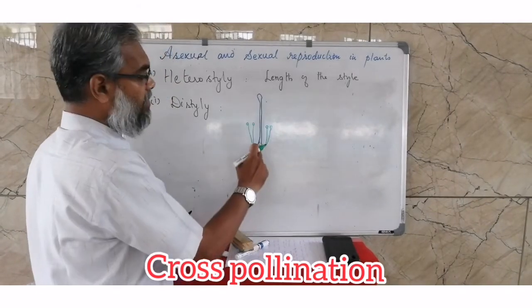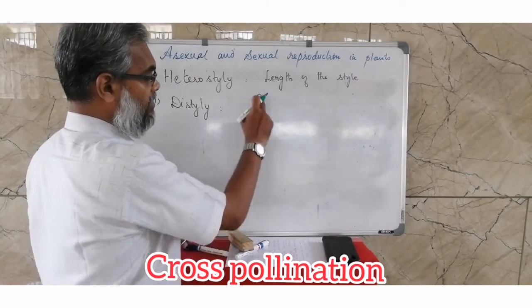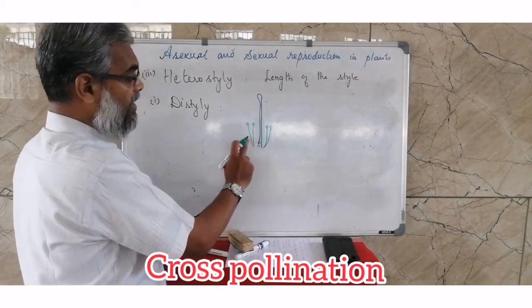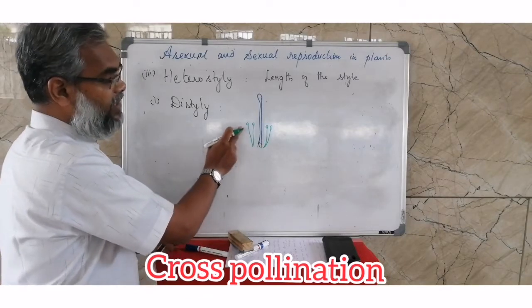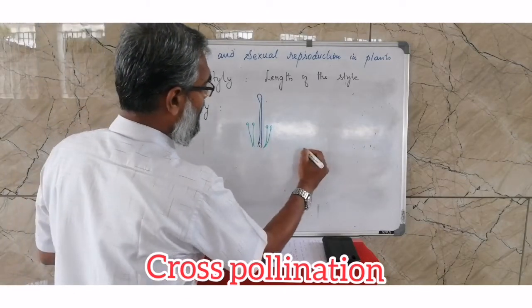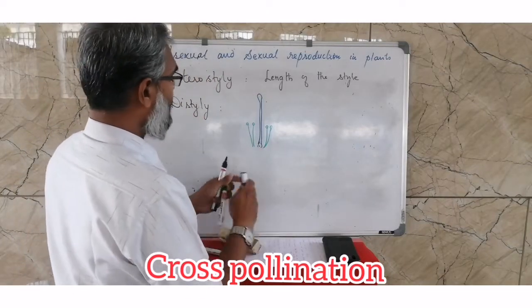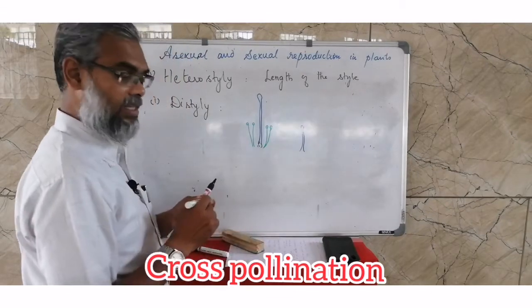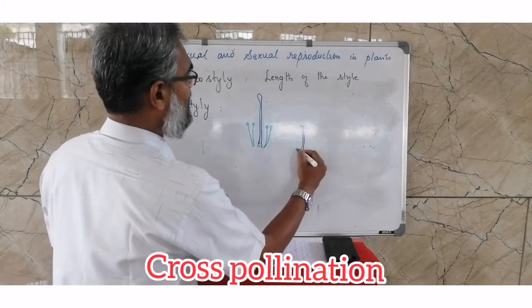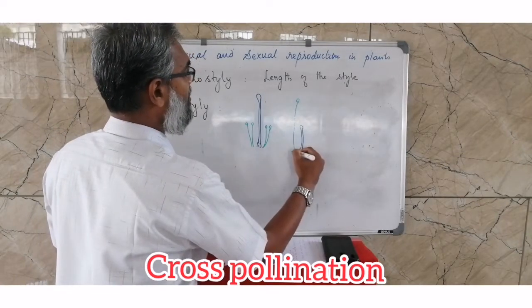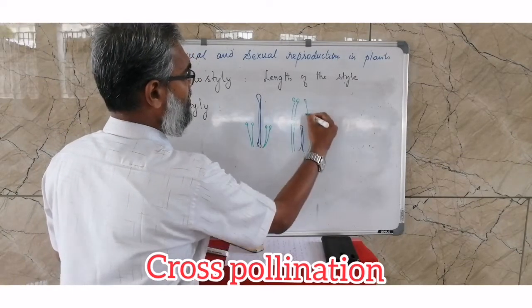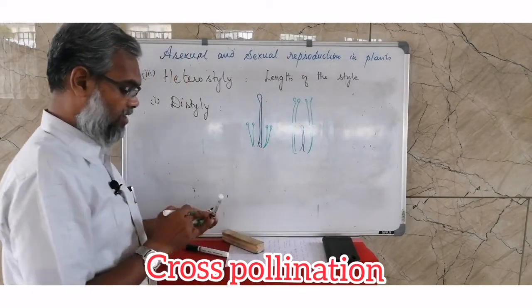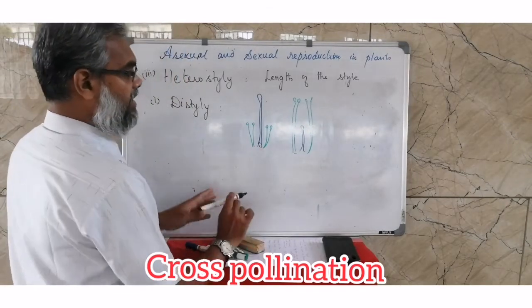So this is the female stigma, and the length of the style is long here. Here the stamens, the filament is very short. In the other, the style is small, but at the same time the anthers are long. How does the pollination occur here?